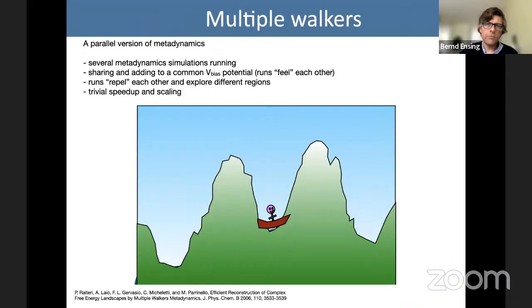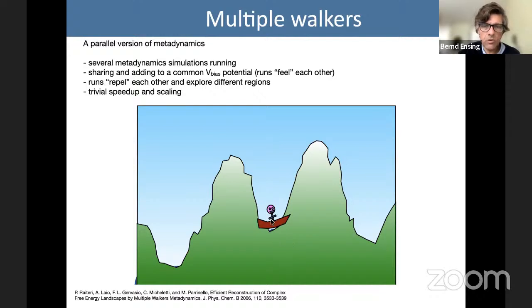Another nice thing is multiple walkers. So this was implemented by Paolo Raiteri, if I'm not mistaken, for metadynamics, and we have a version for path metadynamics as well. Basically, it's just a parallelization where you have simulations in parallel.